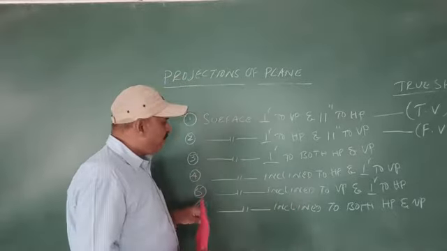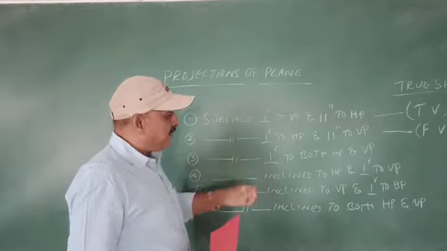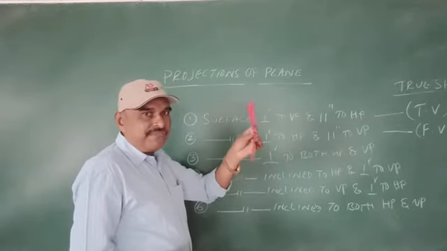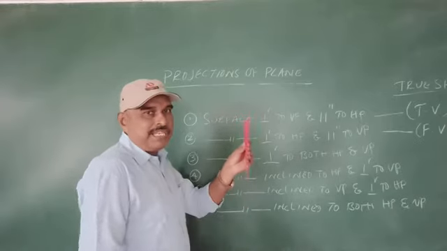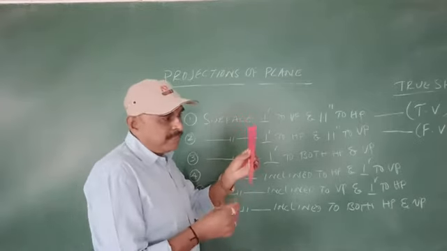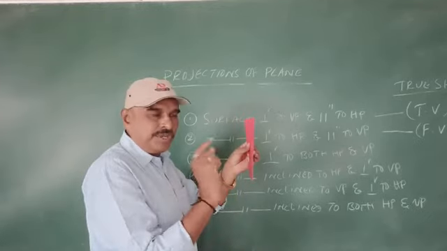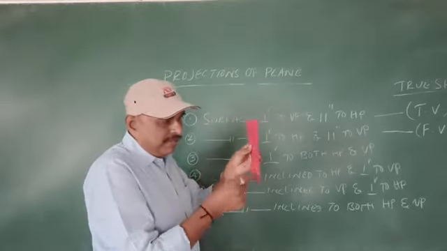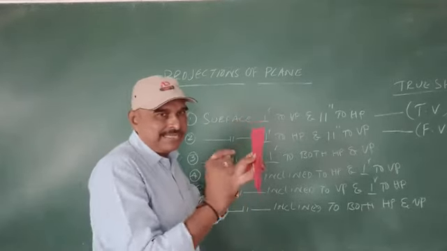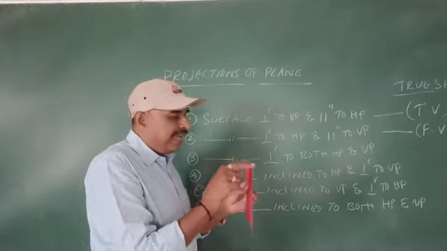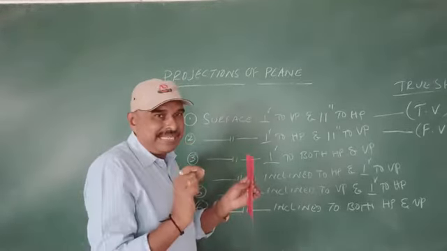Okay, now coming to the third position, that is the surface perpendicular to both HP as well as VP. In this position, if you observe from the front, you are not getting the true shape, but the front view is a vertical line thickness. Even in the top view, if you observe from the top, you are getting a line thickness.